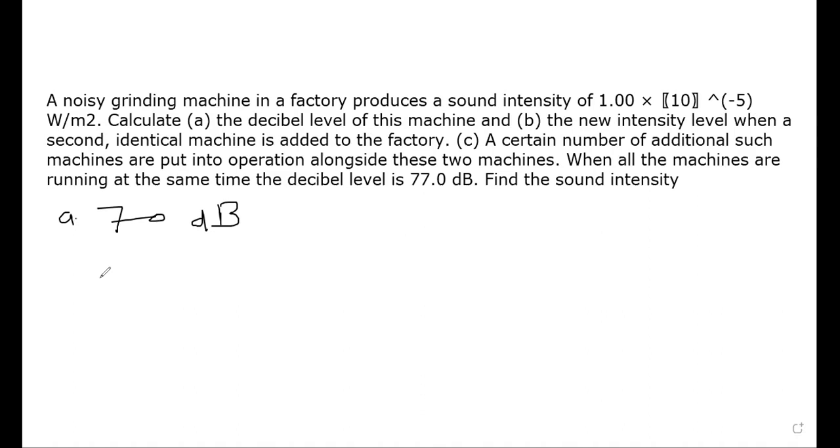Remember, the sound intensity produced by the first machine was I, I equals 1.0 times 10 to the power minus 5 watts per meter squared, according to the equation. This is where I got it from.